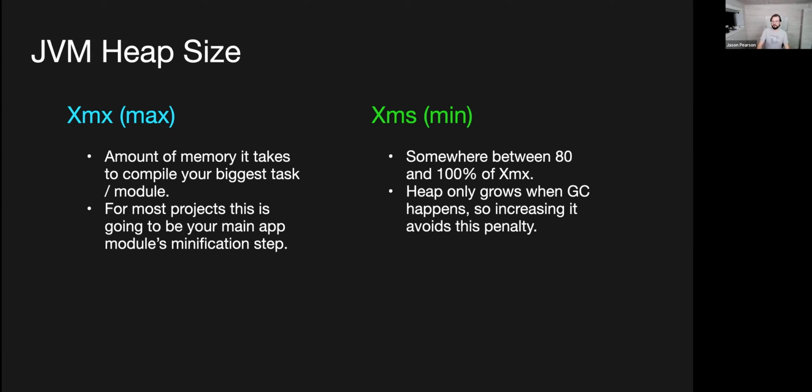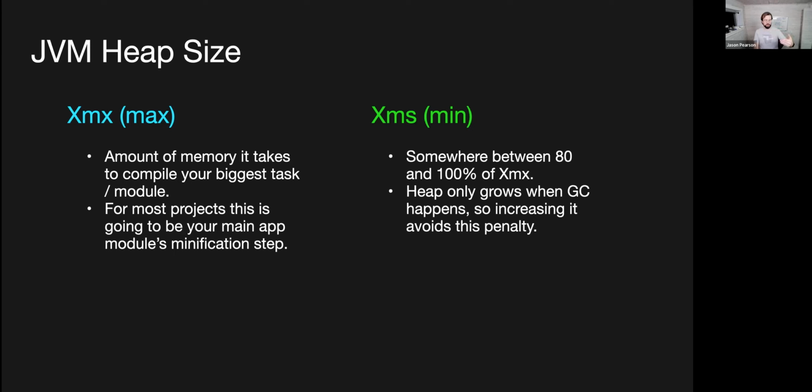The min should be between 80 and 100% of the max, because the heap will only grow every time you get a GC event. So if you start at 1 gigabyte and you hit that, it will grow by a certain amount per the algorithm that you're running.